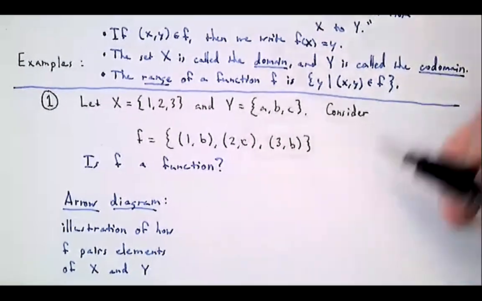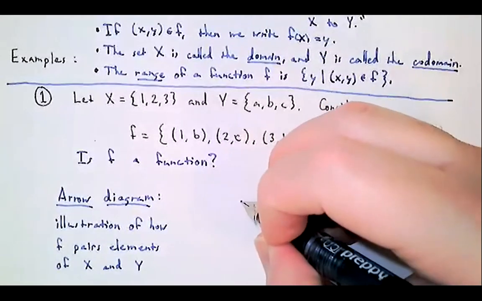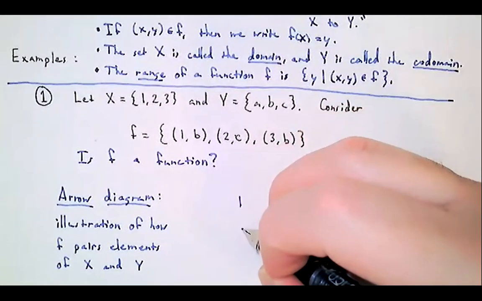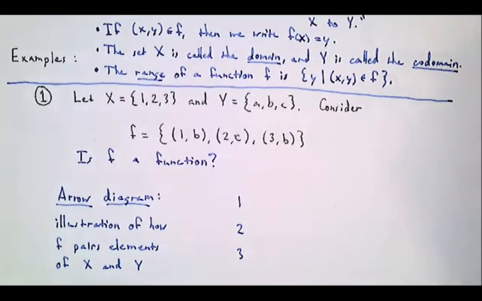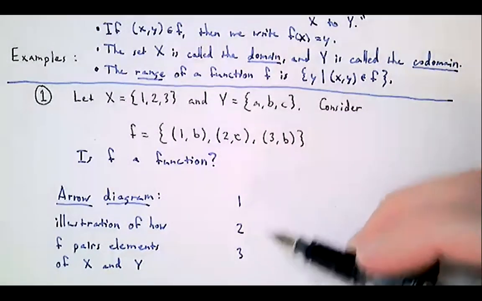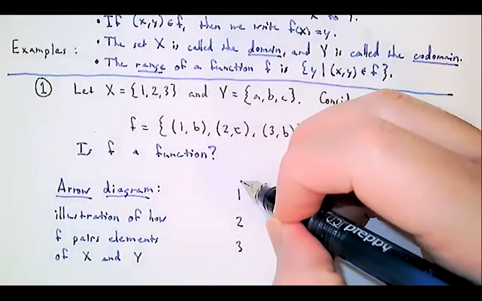So let's make our arrow diagram so that you can see how they work. What we're going to start by doing is to write the elements of the set X in a column like this.